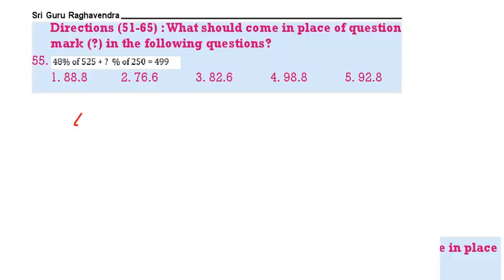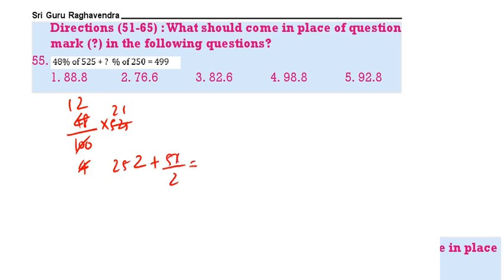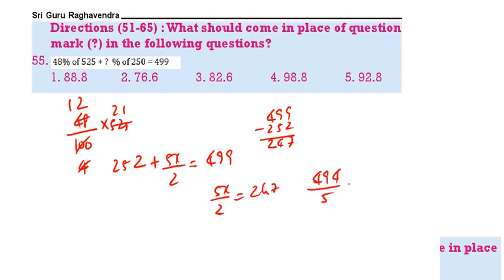48% of 525. 48 by 100 into 525. 25 fours, ones, 12s. This is 252 plus 5x by 2 is equal to 499. 499 minus 252, that is 247. So 5x by 2 is equal to 247, that means 494 by 5.